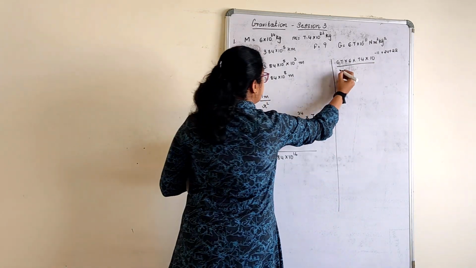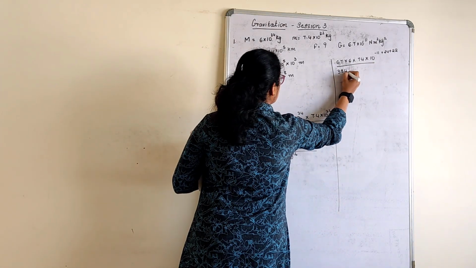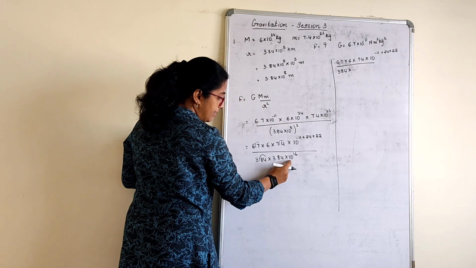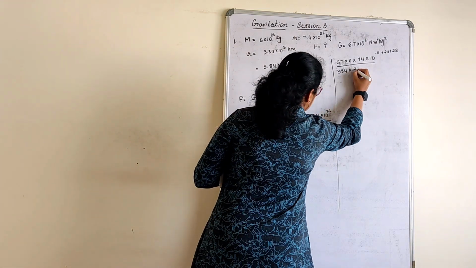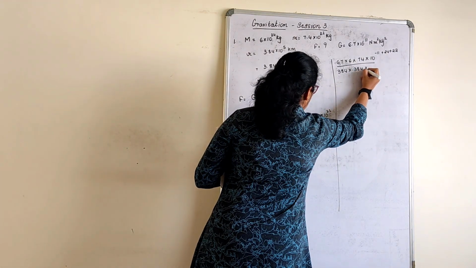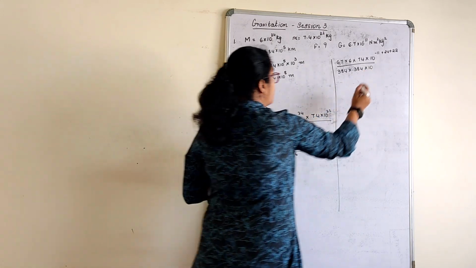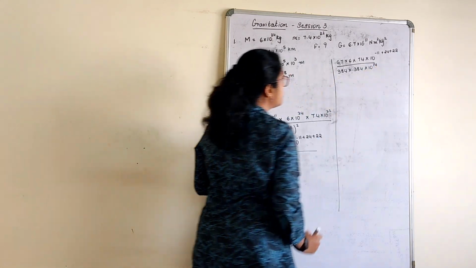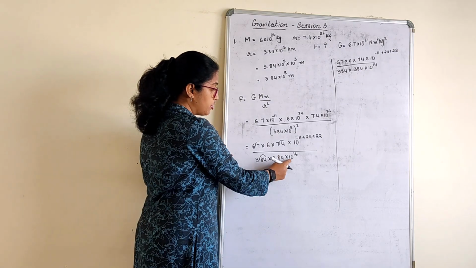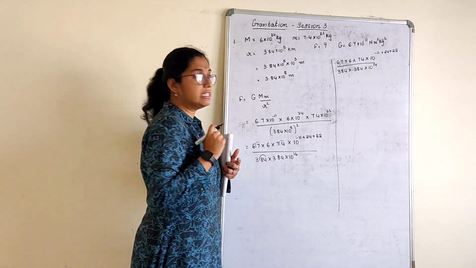Divided by 384 into, I will take 2 zeros here children, 384 into 10 raised to 14. Is this fine? Okay, because 2 zeros are multiplied and I remove the decimal.